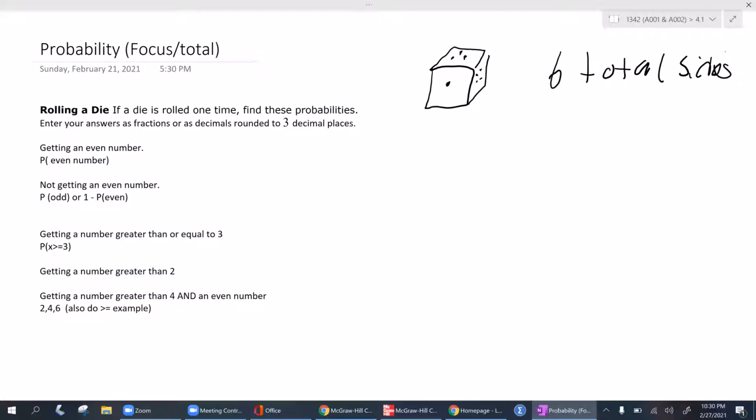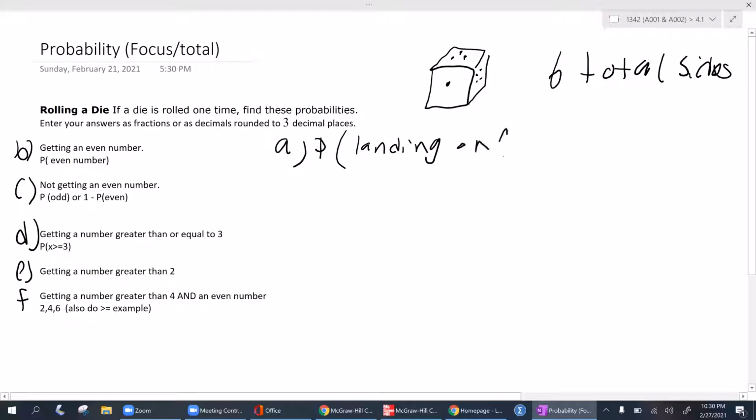So let's go ahead and find this out. Let's do a pre-example. So that's A, that's B, that's C, that's D, that's E, and that's F. The first one is going to be the probability of you rolling the dice and it landing on 1.